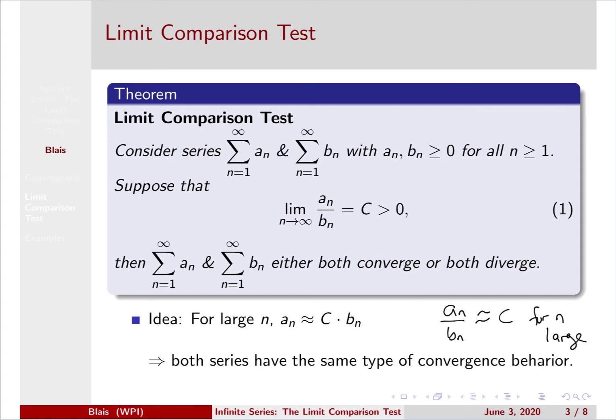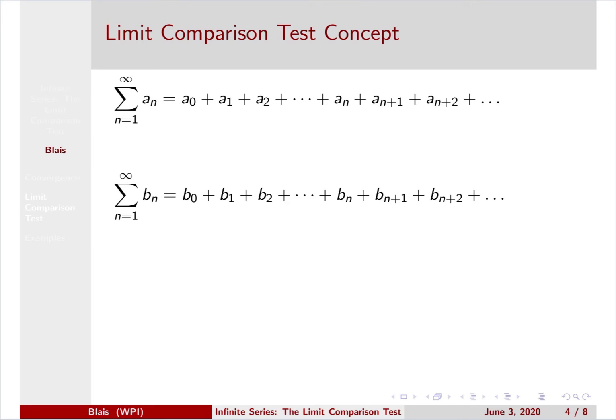What that means is that as you move down the terms in this sum, the terms are looking more and more like the constant c times the terms from your sum of the b sub n's. The idea here is you know what the sum of the b sub n's does. You know that it converges or you know that it diverges. You establish this limit, and then you can say that the sum of the a sub n's either converges or diverges based on this test. Let's talk about how you actually use this.